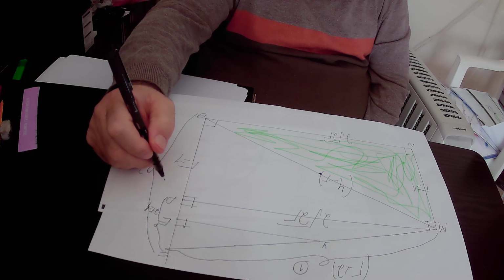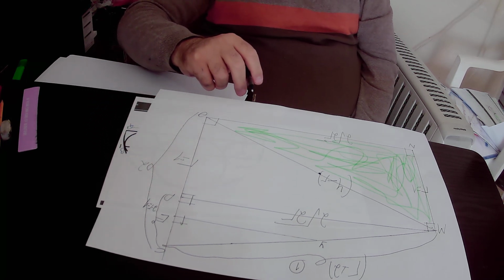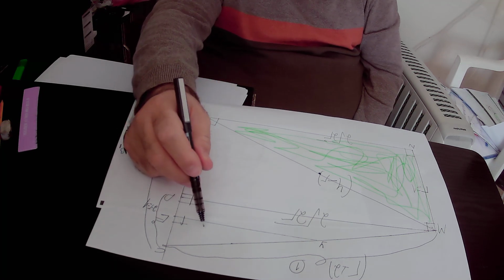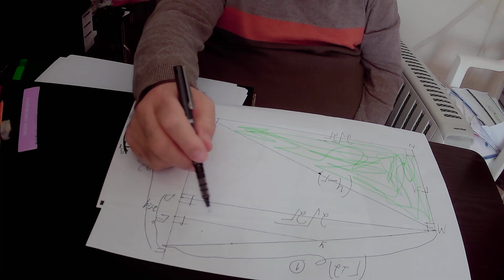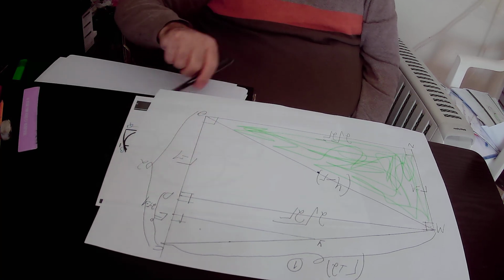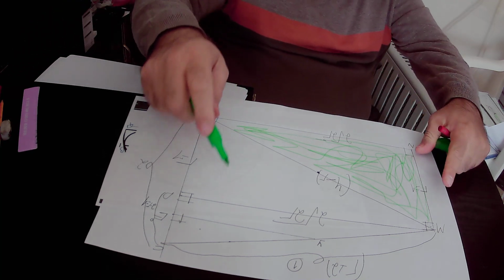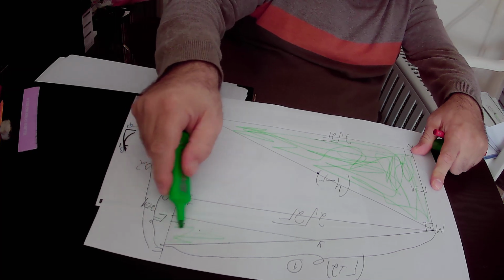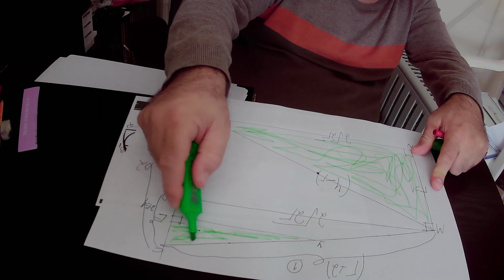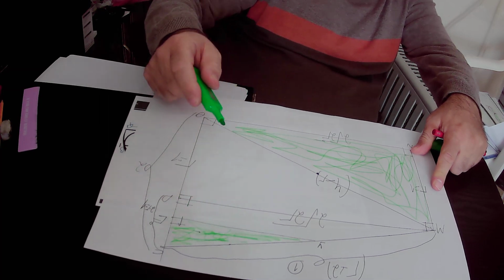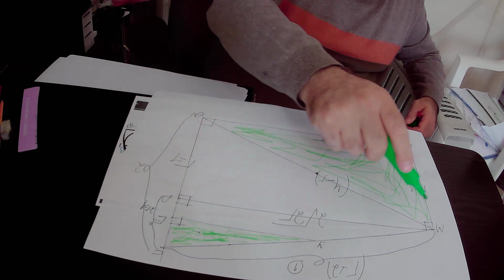and in the next step we will focus on right triangle CEY and on the right bigger triangle CDM.